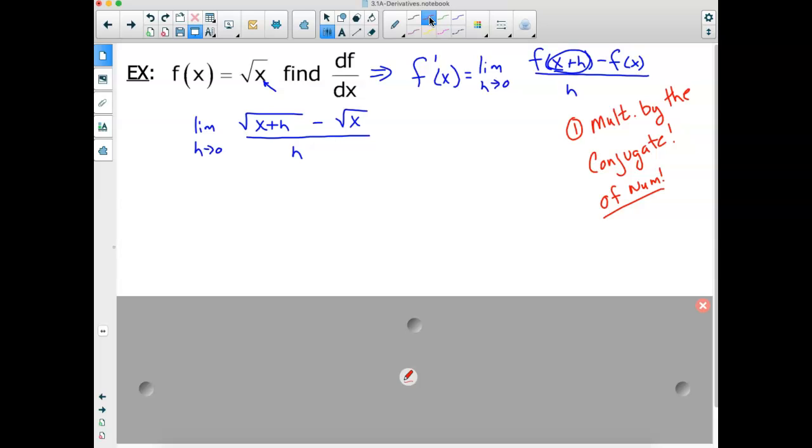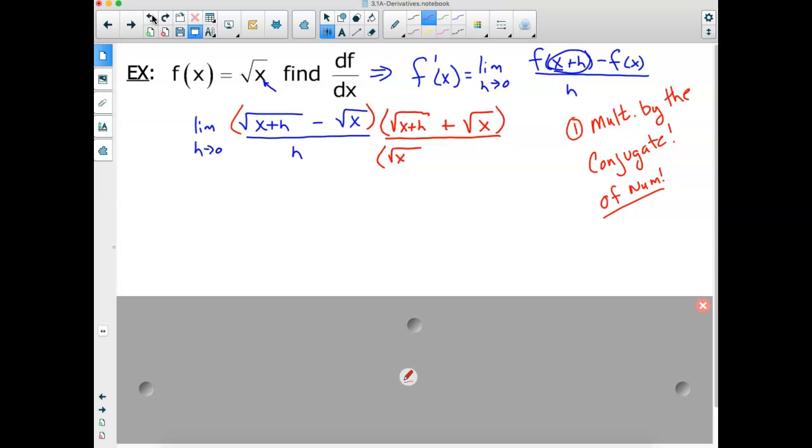Because I can't just cross off these two x's here and here, because that's a square root of x on top, and it doesn't simplify. So my conjugate, if you remember, and I'm multiplying everything by it, is the same first term, the same last term with an opposite sign in the middle.